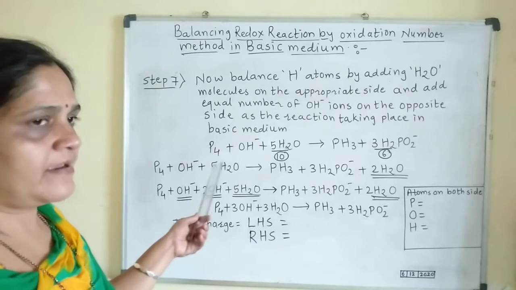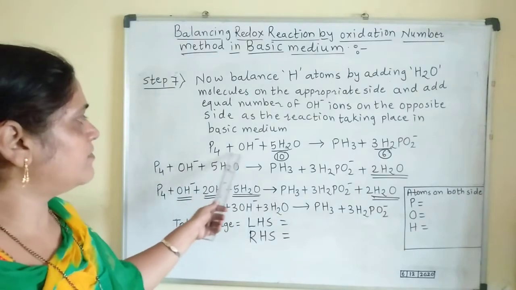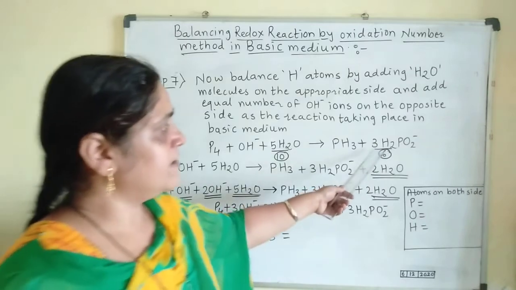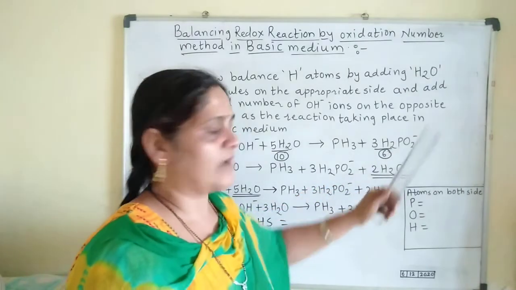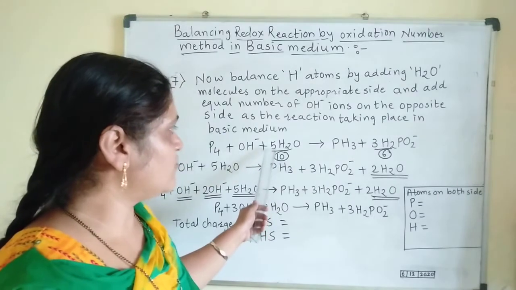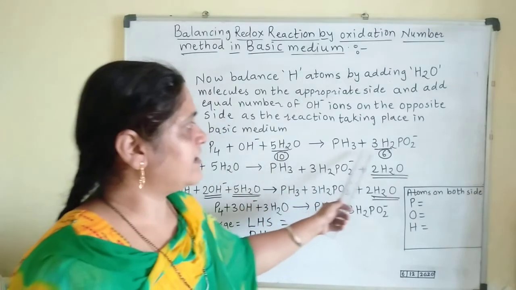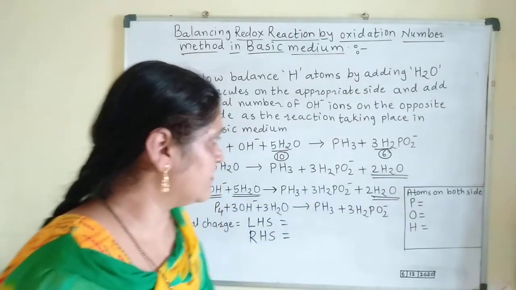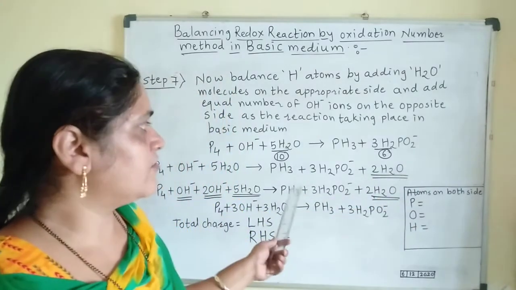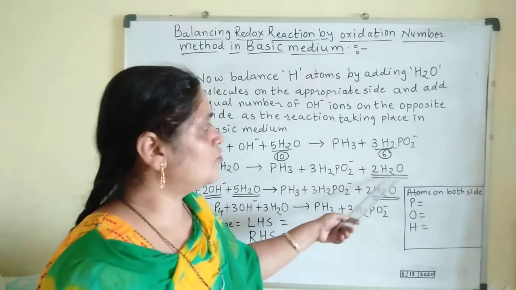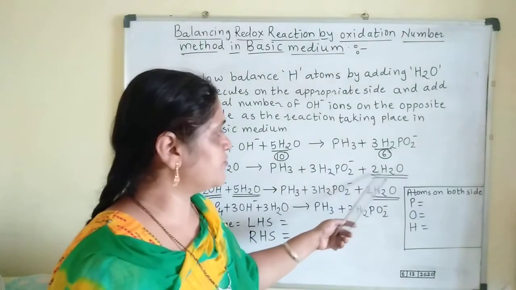Now let us check with the equation. P4 plus OH minus plus 5H2O gives PH3 and 3H2PO2 minus. Right? We have to check number of hydrogen atoms. Left hand side shows 5 into 2, 10, and right hand side shows 3 into 2, 6. So 4 hydrogen atoms are lacking here, and therefore in order to adjust 4 hydrogen atoms I have added 2 water molecules, right? So 2 into 2, 4.